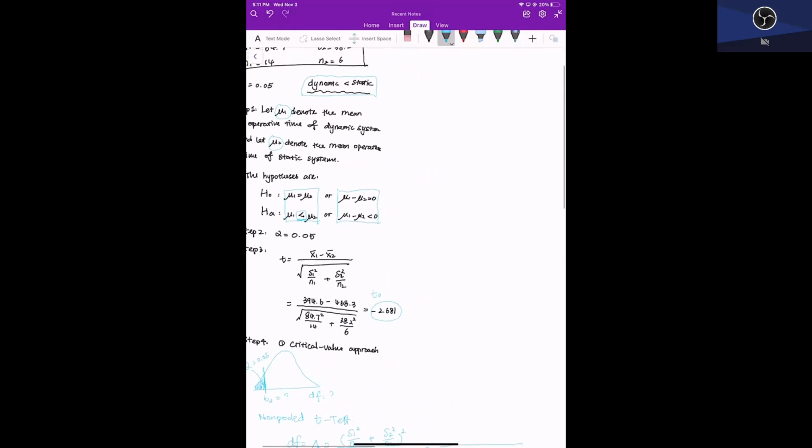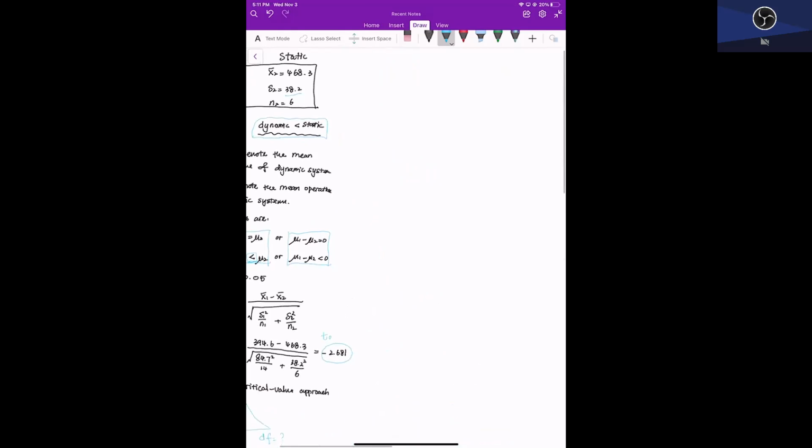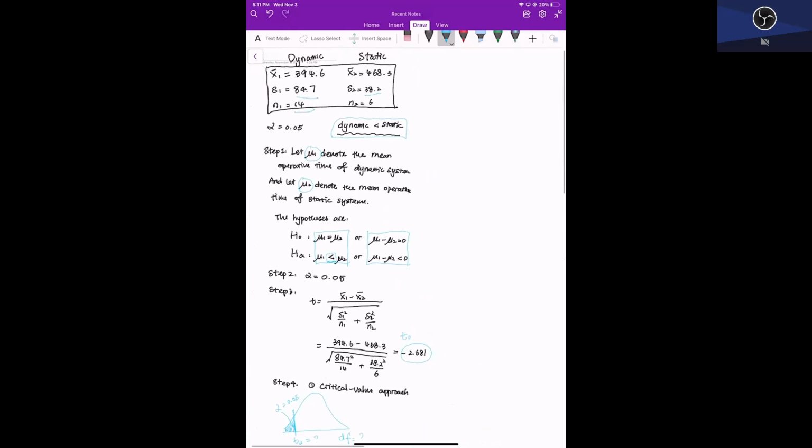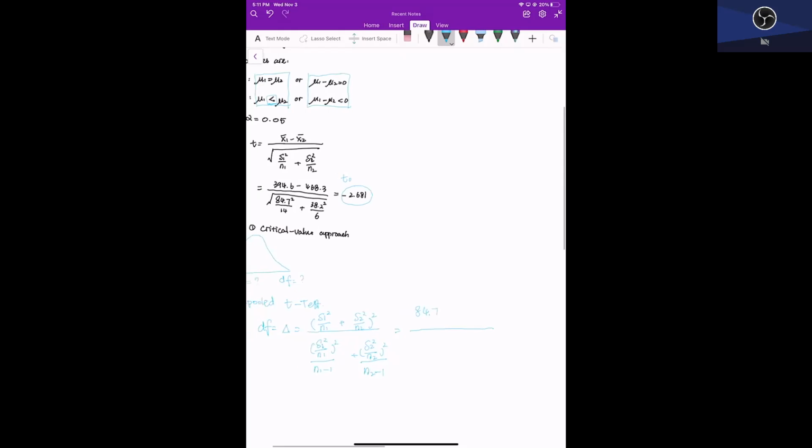So be careful when you input your numbers. We've got S1, S2, and N1, N2. Plug everything inside. We have 84.7 squared, and 14 is my N1, 38.2 squared, and 6 is my N2, and then the entire thing squared.